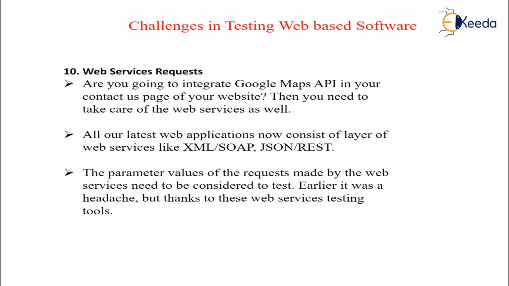Then we have web service requests. Yes, this is very important. All our latest web applications now consist of XML, SOAP, JSON, and REST. Of course, before that, we had Get and Post. The parameter values of the requests made by the web services need to be tested, so that the response defined in the web application is correct.